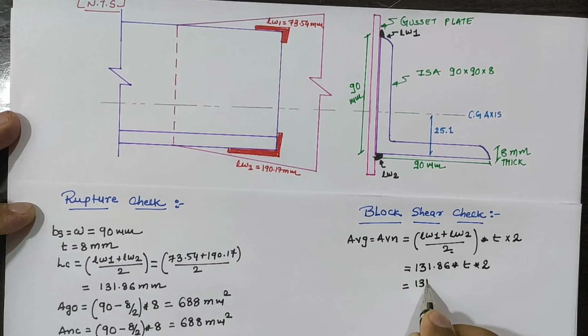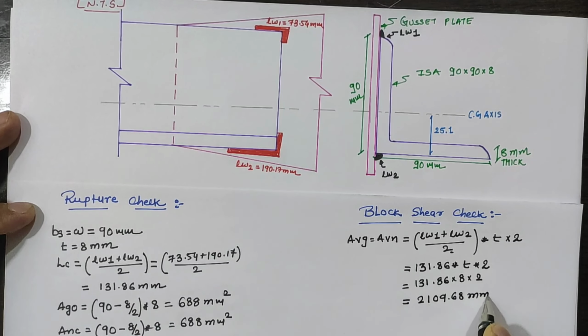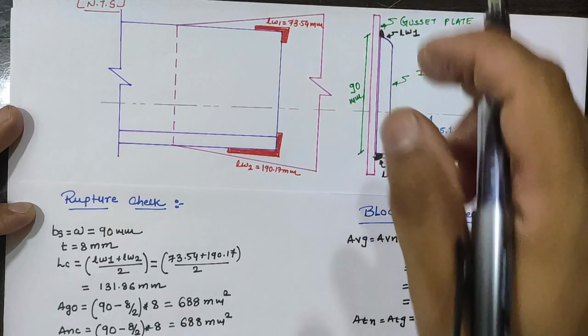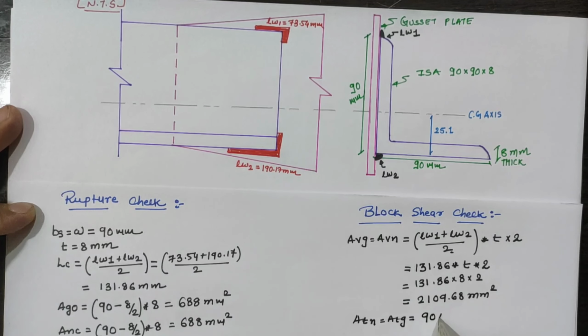So our total Avg and Avn value is 2109.68 mm square. Similarly, net tensile area Atn and gross tensile area Atg is equal to total length of vertical leg as 90 into thickness 8, which is equal to 720 mm square.